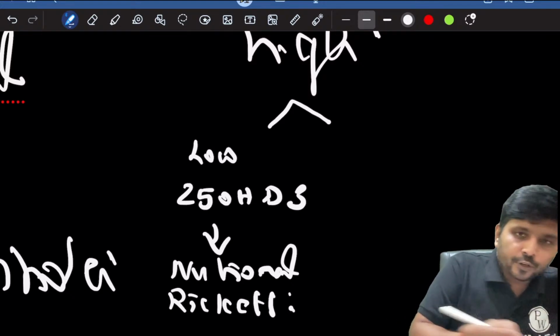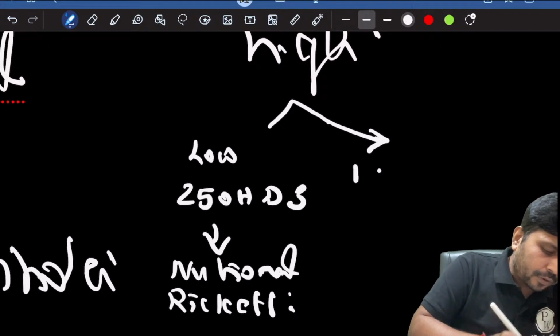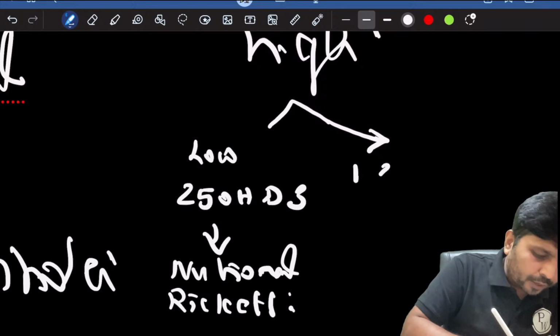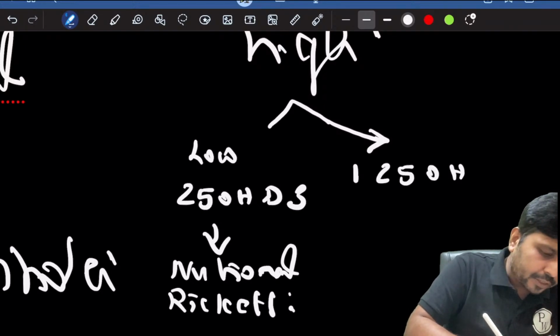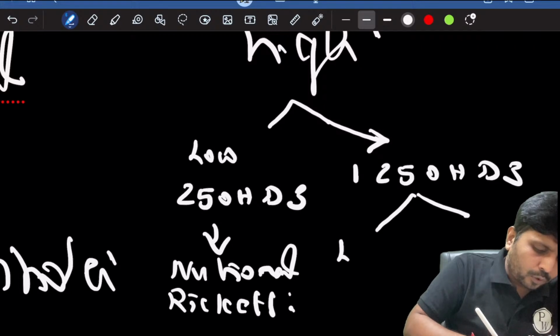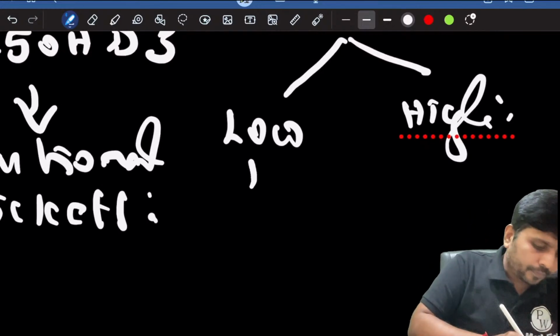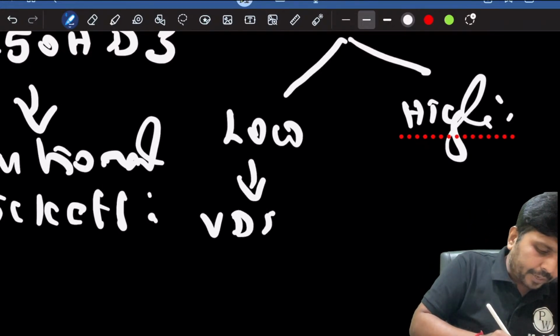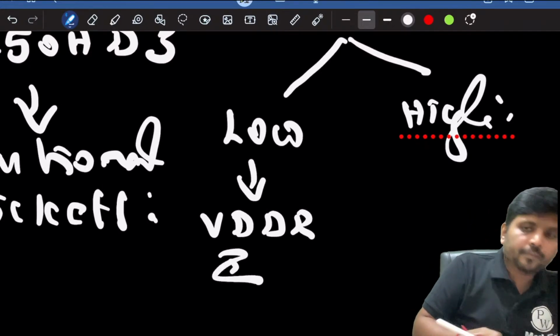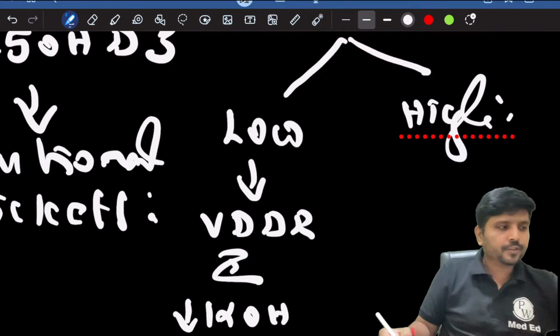If not nutritional, then look at 1,25 OHD3, whether it is low or high. Low means vitamin D dependent rickets type 1 due to reduced 1 alpha hydroxylase.